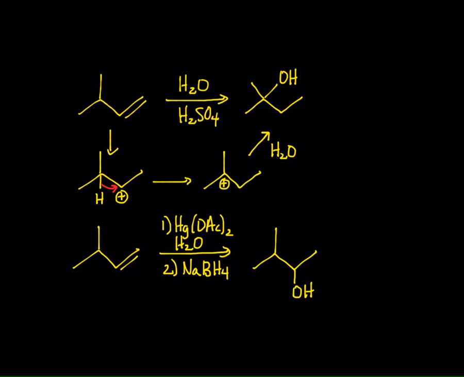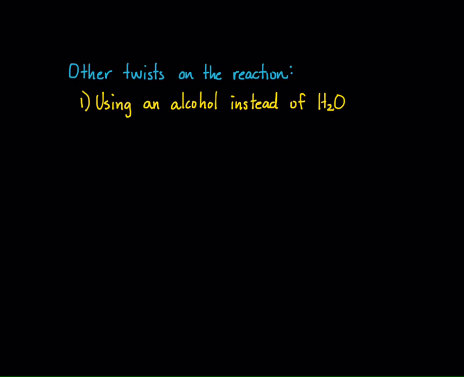Now, there are other, I'll call them twists, to this particular reaction. Notice, we react the alkene with mercury acetate in water, and water behaves as the nucleophile. Instead of using water, I can use an alcohol. And what do you think I would get in that type of reaction?